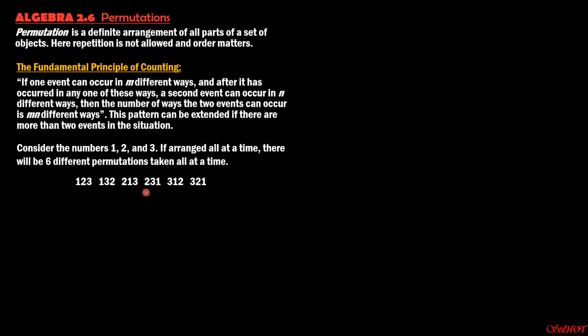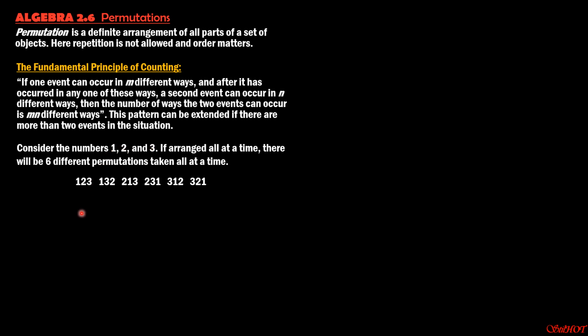Then if we apply the fundamental principle of counting, we draw 3 horizontal bars. In the first bar, there are 3 different digits available. We can assign 3 different ways in the first position, but only one digit is assigned. It's either 1, 2, or 3.